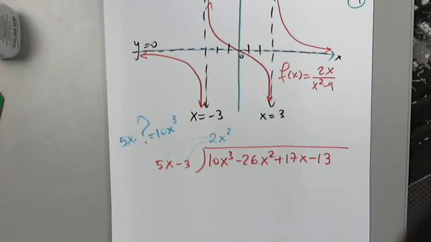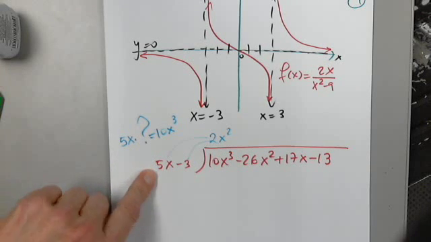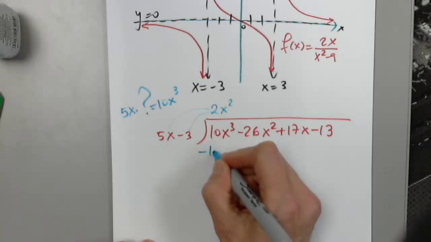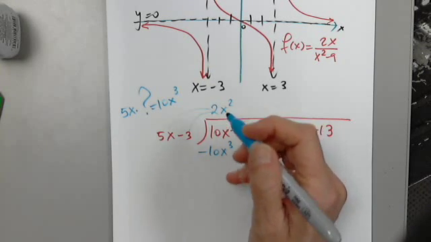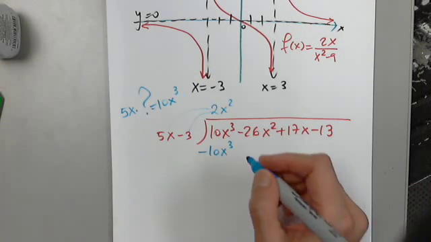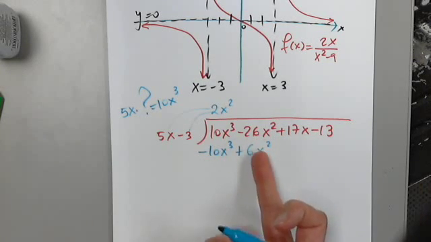I'm fine. Okay, so 2x squared times 5x will be positive 10x cubed, but because we subtract, I'm going to write the opposite. Then 2x squared times negative 3 is negative 6x squared, but I'm going to write positive 6x squared under like term.